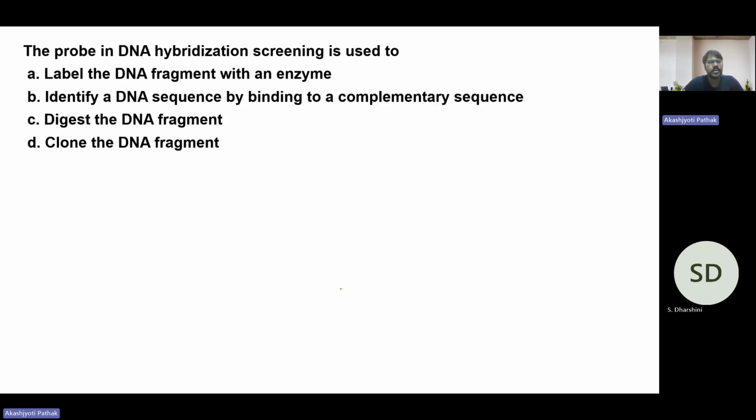Okay. So the probe in DNA hybridization screening is used to... So why is it used? Probe, as we were mentioning, is used to identify a DNA sequence by binding to a complementary sequence. So your probe will have this radiolabel group or a fluorescent group, and it will be complementary to your DNA of interest.